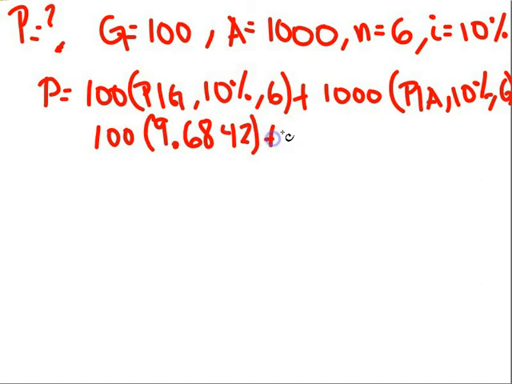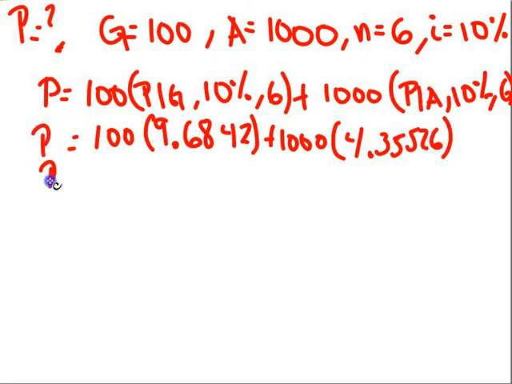Times 100 plus 1000 times the factor for P given A with 10% and 6, which we have used several times before, and the value is 4.35526.